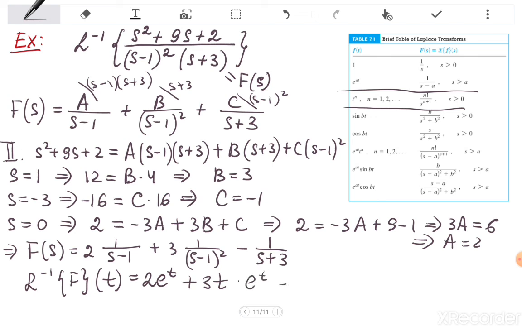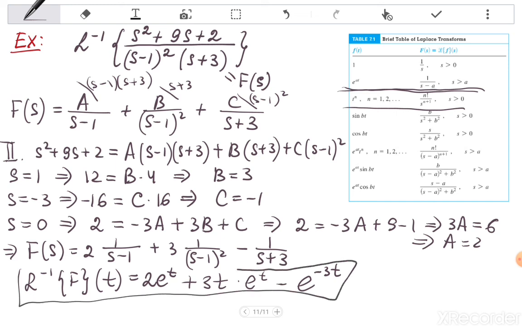And for minus 1 over (s plus 3), this is again this line, with a equal to minus 3, so we get e to the power minus 3t. So this is the answer of the inverse Laplace transform for this function.